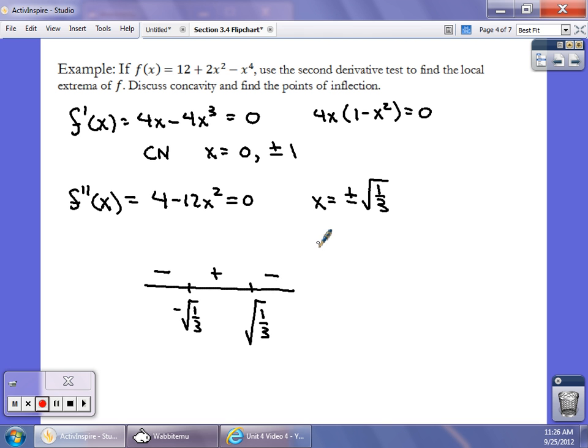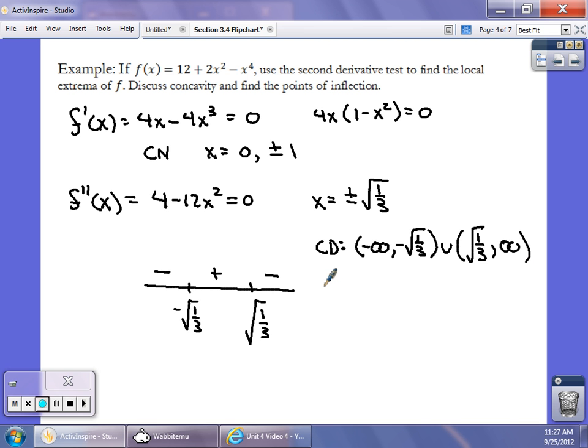So we say the graph is concave down on the interval from negative infinity to negative square root of 1/3, not included, union with the square root of 1/3 to infinity. That's where the second derivative is negative.